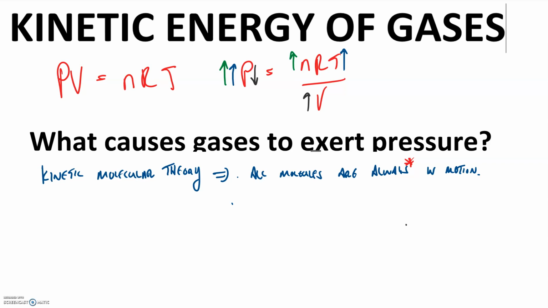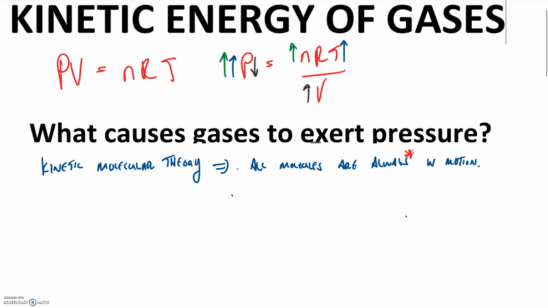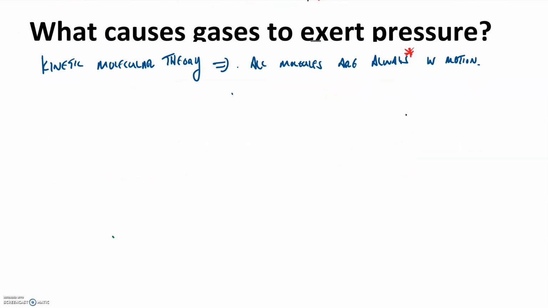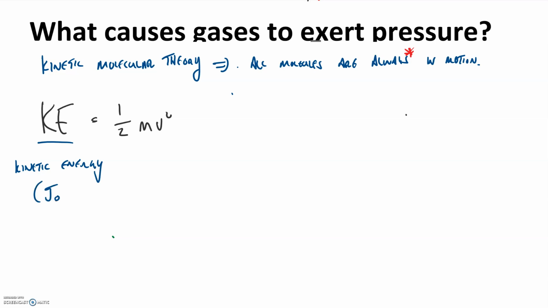So what is causing these gases to actually exert pressure? Well, they're in motion, and that means that they have kinetic energy. So in physics, kinetic energy is measured by an equation that looks like this. Kinetic energy is equal to 1/2 mv squared, where this KE is our kinetic energy in joules.